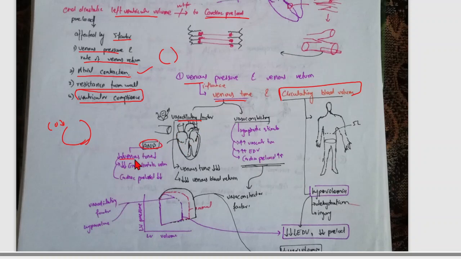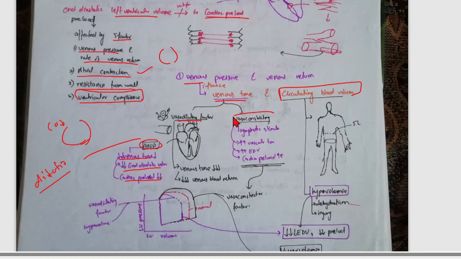ANP decreases the venous tone, it decreases the end diastolic volume, and it decreases the cardiac preload. ANP also causes renal arteriole dilation, so more blood goes to the kidney, more water is excreted, and less blood moves toward the heart again.